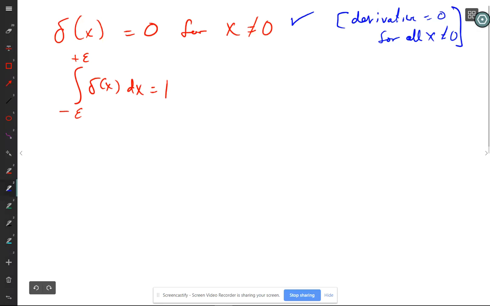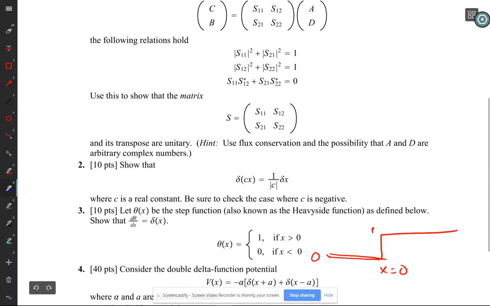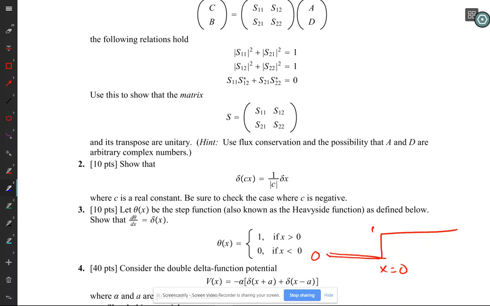We didn't even have to do that mathematically. I could have said, well, the derivative of 1 is 0 and the derivative of 0 is 0. I could have done it mathematically, but just looking at the graph and thinking about it logically is what I prefer.